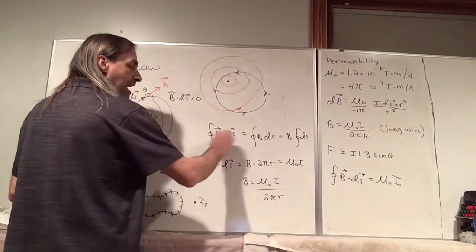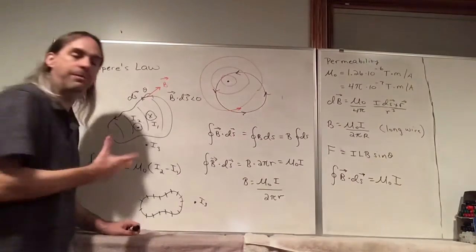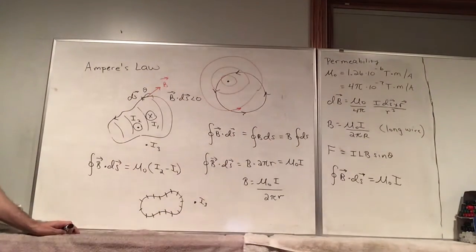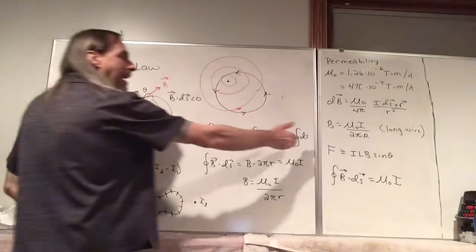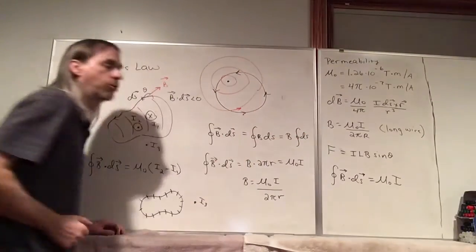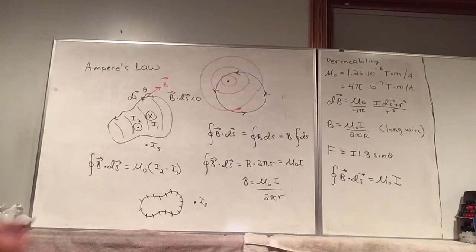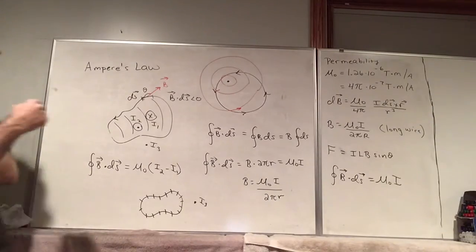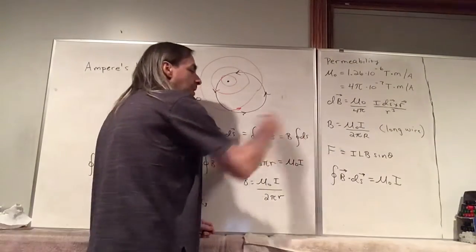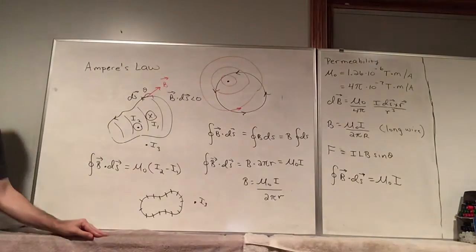First, this dot product had to be something very simple that we could get rid of the vector nature of. And also we had to take B out, and then we just had this integral of ds, which is the circumference, regardless of the shape, it's the perimeter anyway. And that allowed us to have B times something, and then we could solve for B.